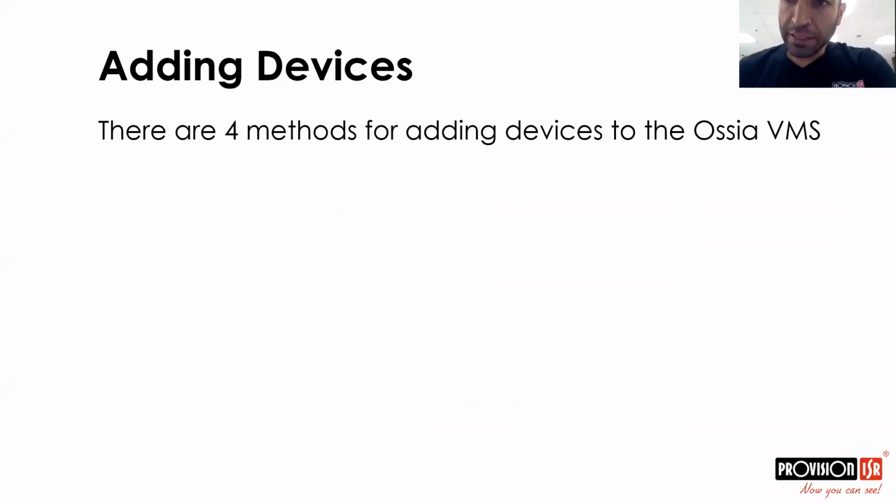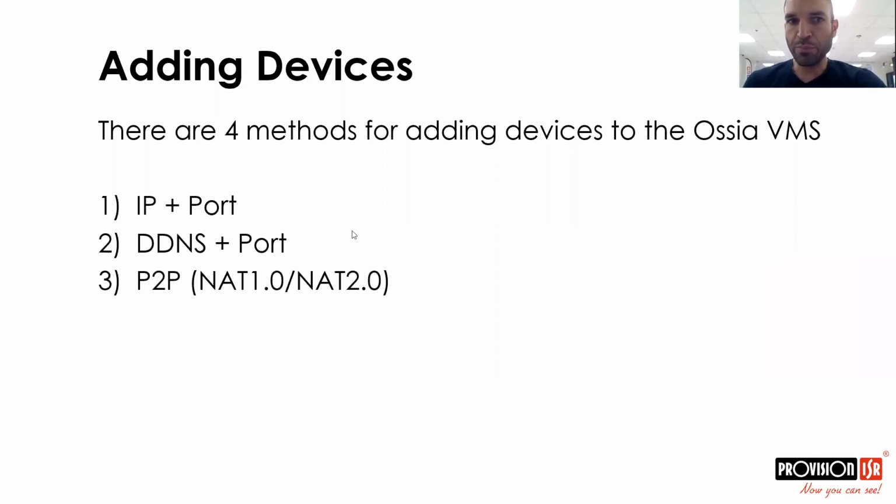Another thing that I want to touch on, which I don't think most of you are very familiar with, is adding devices. We have 4 methods of adding devices to the Ossia VMS: IP plus port, DDNS plus port, P2P, and the auto report.